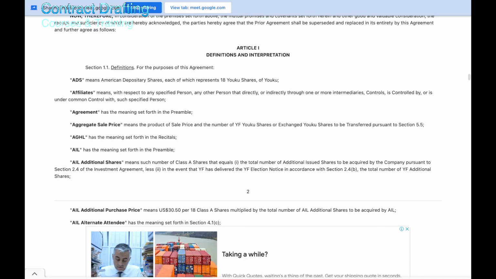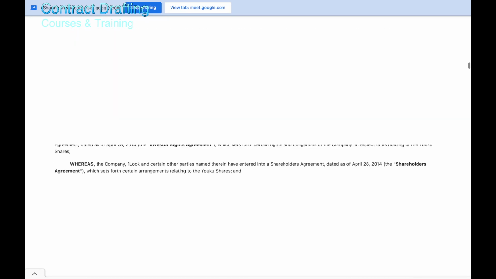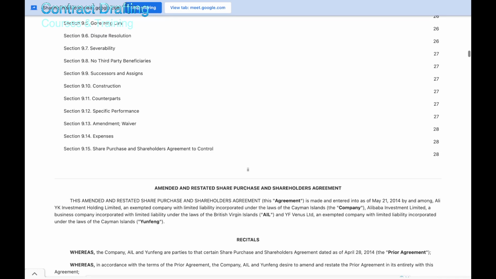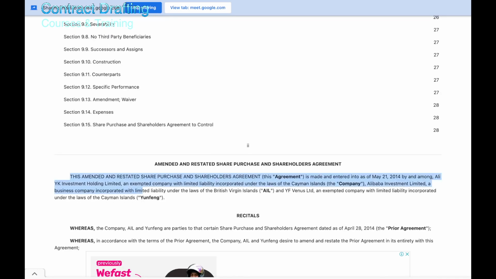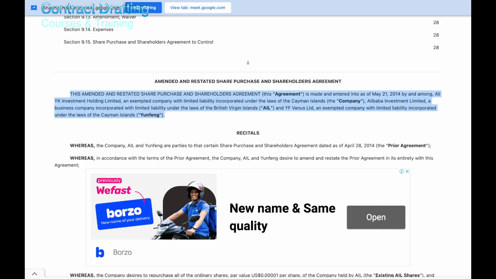So we discussed today the parties, the introduction sentence about the agreement, the execution date, and the name of the parties, and then we discussed how to identify those parties.